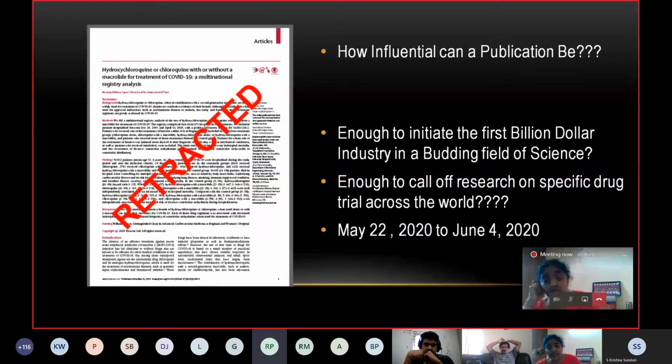Because in medicine, what is very important to conclude is the data size. What is the data size? If your data size is as small as 5, don't get carried away by it.